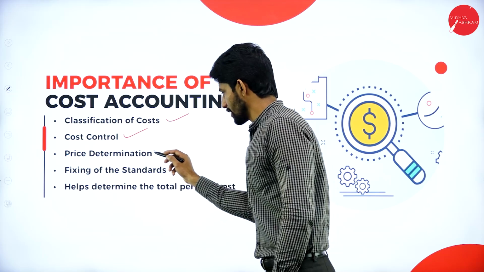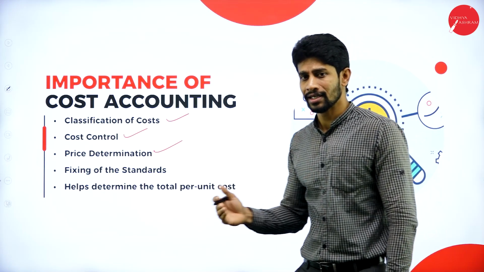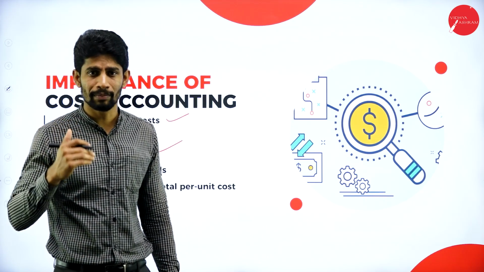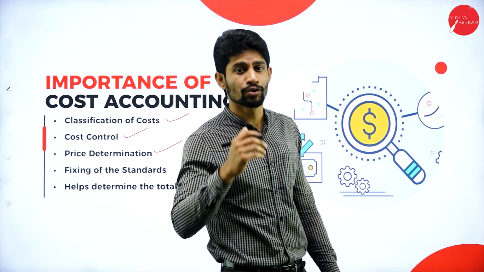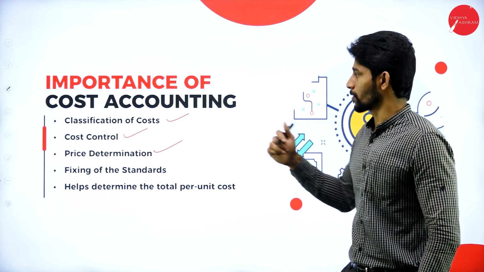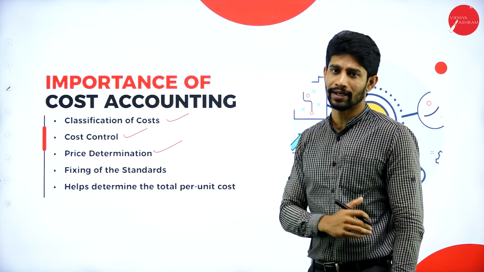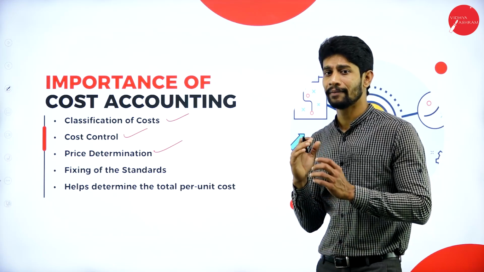Next one, price determination. As I said in the earlier slide, to determine the selling price of the product, it is very important to maintain the cost accounting. If you maintain cost accounting, you can easily determine the price of a particular product.